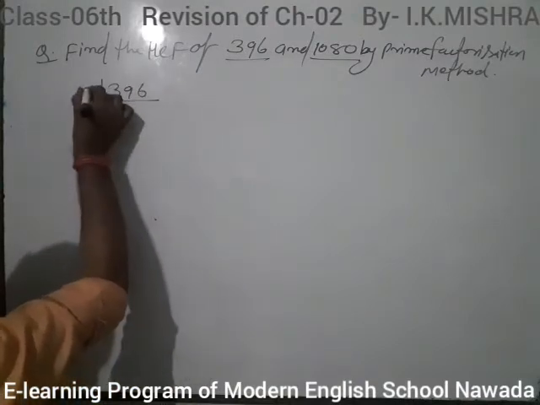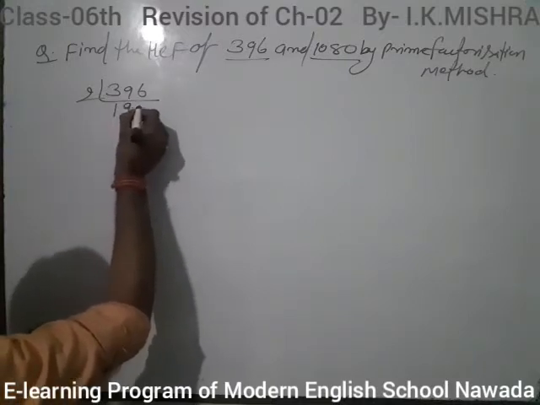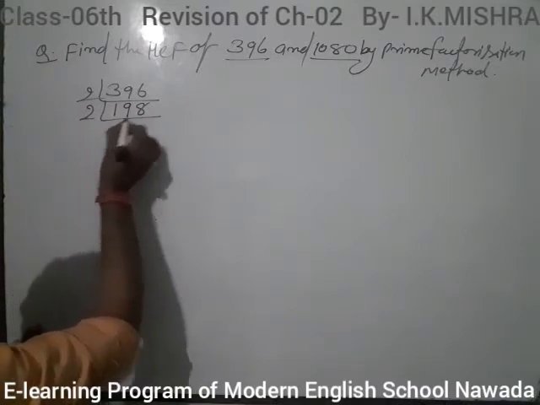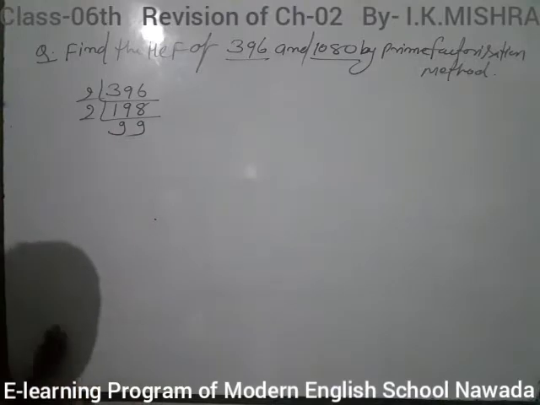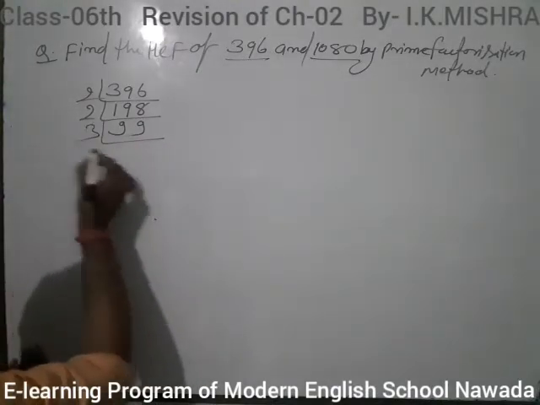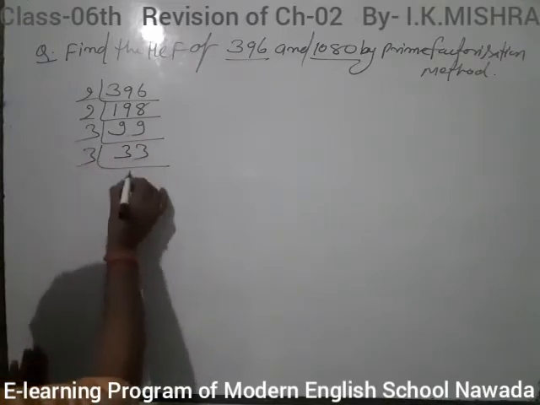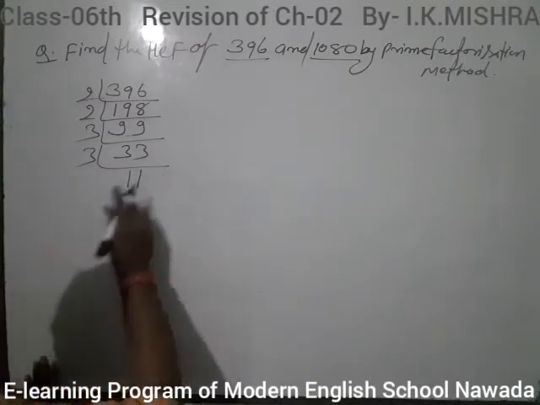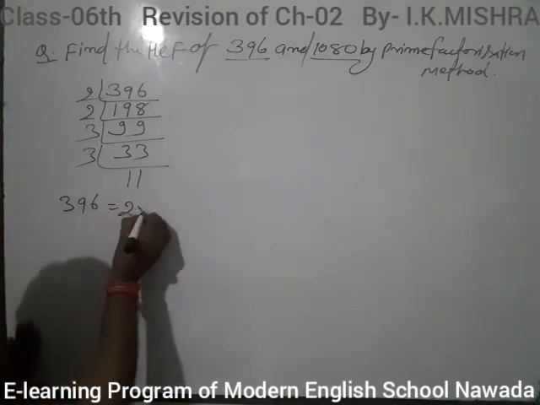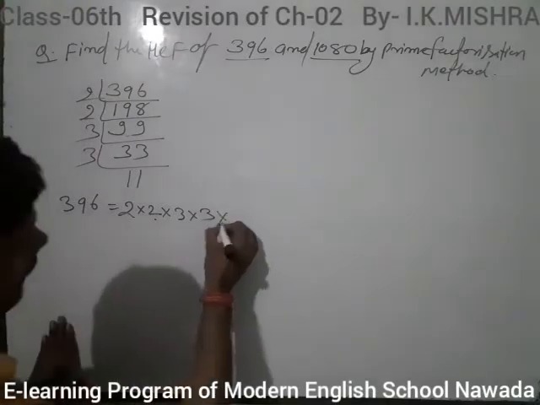Here it will be divisible by 2, again divisible by 2, now 3 times, again 3 times, 11. So the prime factorization of 396 is equal to 2 into 2 into 3 into 3 into 11.